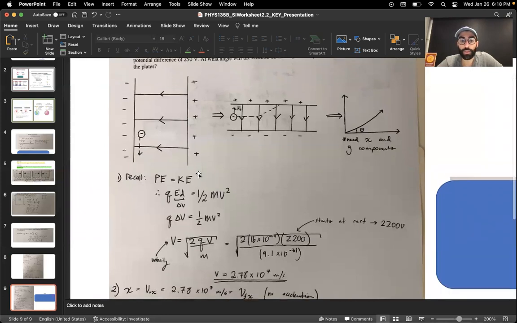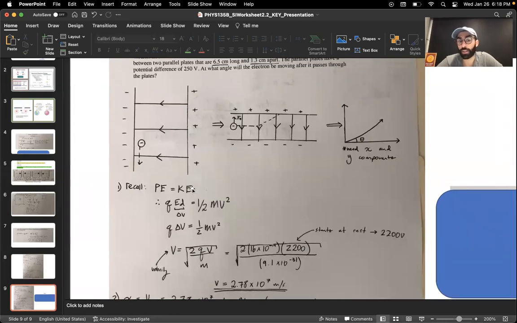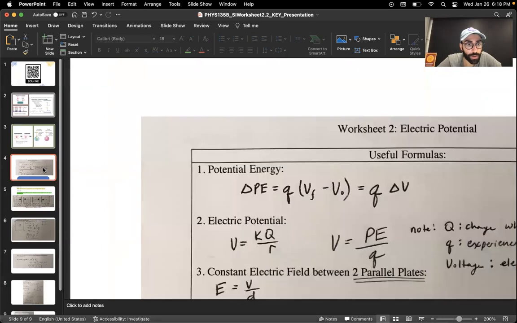So let's first just recall that the potential energy equals kinetic energy. We've defined potential energy in the case of these electric systems, and we already know what this is from 135A. We're just going to simplify, replace this ED by delta V. That's an equation swap we can do. We showed that over here.